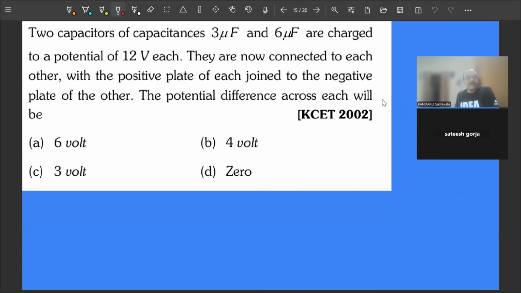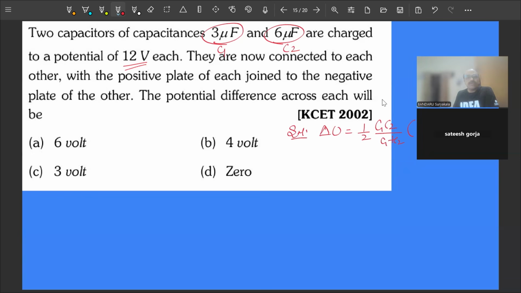Two capacitors of capacitance 3 microfarad and 6 microfarad. This is C1, this is C2. They are charged to a potential of 12 volts each, meaning both have the same voltage, V1 and V2. They are now connected to each other with positive plates joined together and negative plates connected together. So we can use the same formula as the previous problem: delta U equals half C1 C2 by C1 plus C2 into V1 minus V2 whole square.